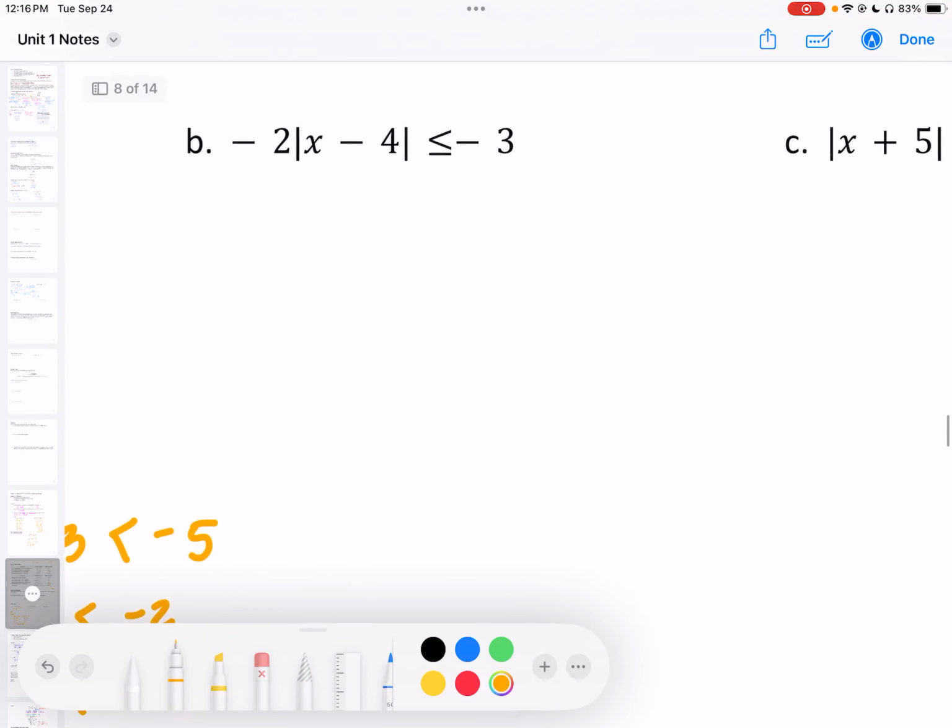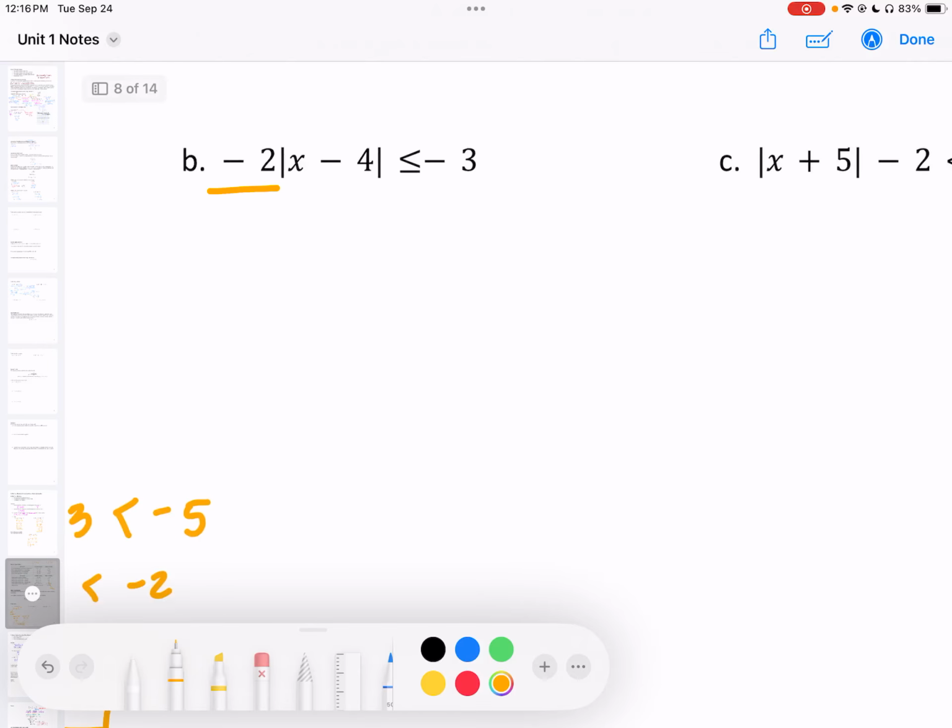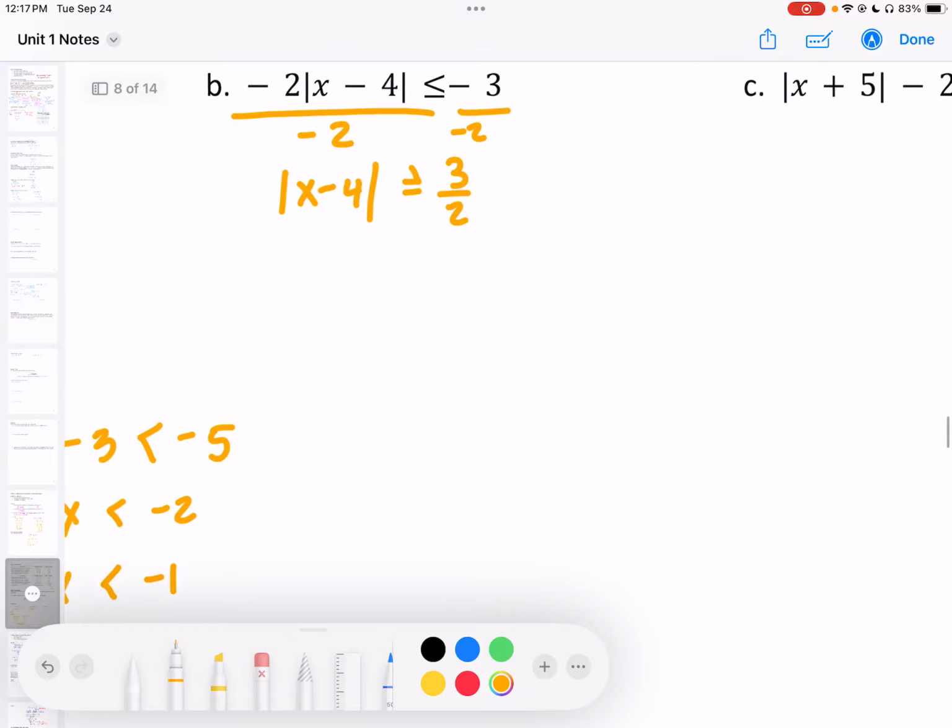Same thing's going to happen here when we divide by this -2. We have x minus 4. We're going to flip the symbol when we divide by a negative. And then we can go ahead and write two separate equations. Let me switch colors here.